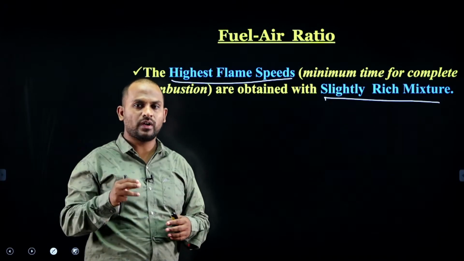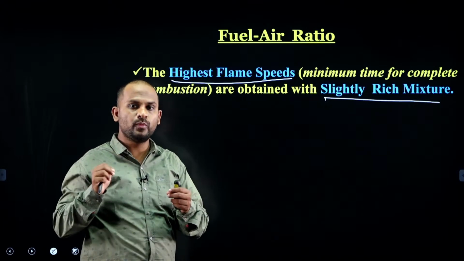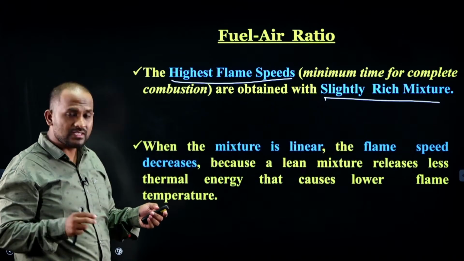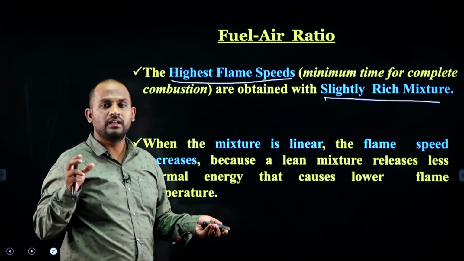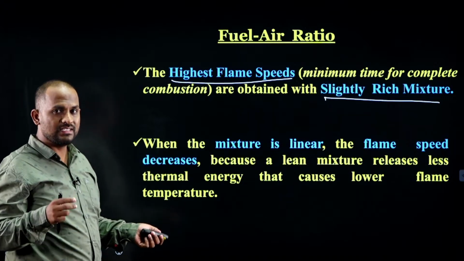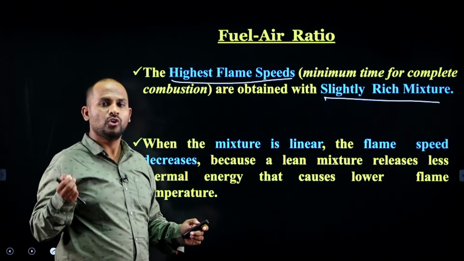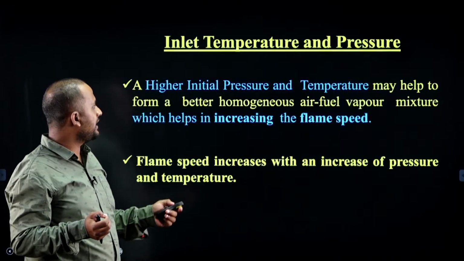So in that case, what happens? The fuel particles will be distributed far from each other. Because of that, the flame speed decreases in the case of a lean mixture. So that is the reason, to have a higher flame speed, it is advisable to use a slightly rich mixture in the case of an IC engine.